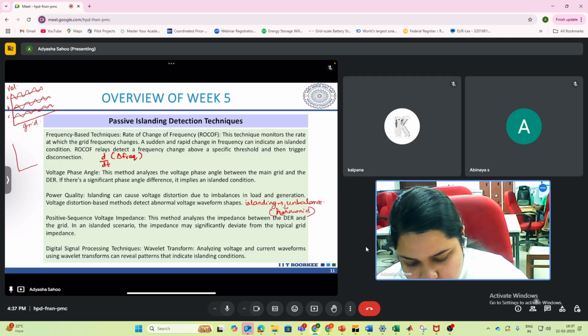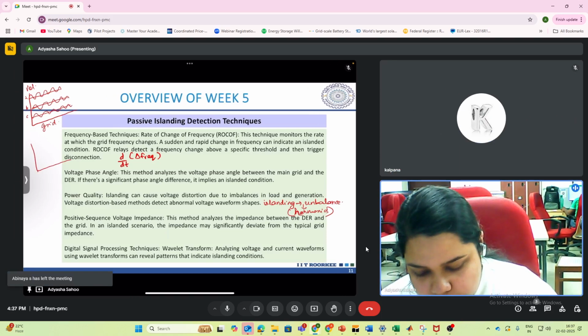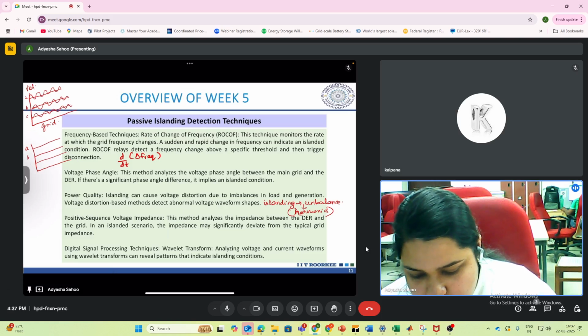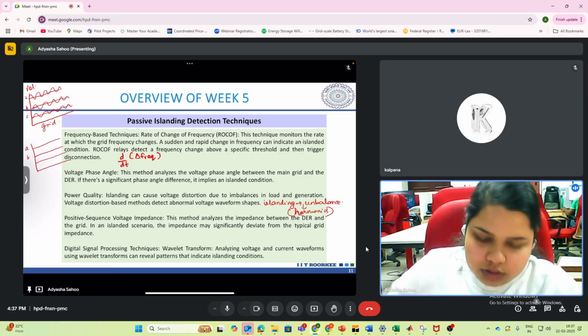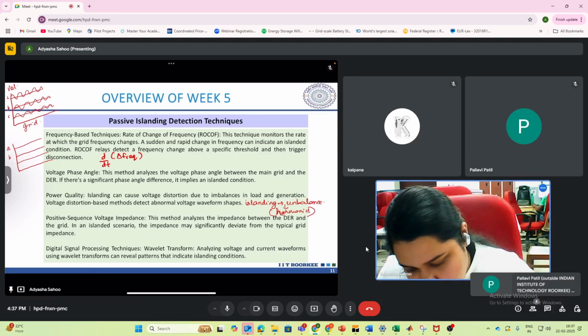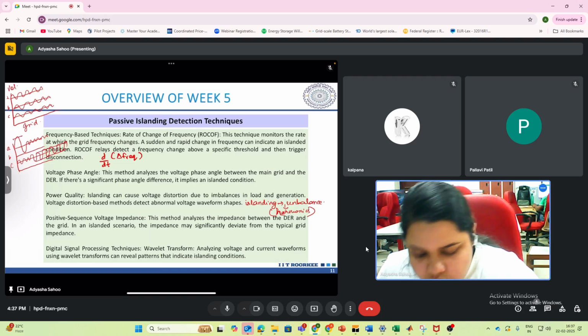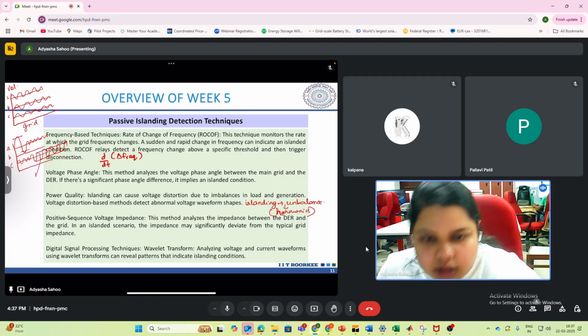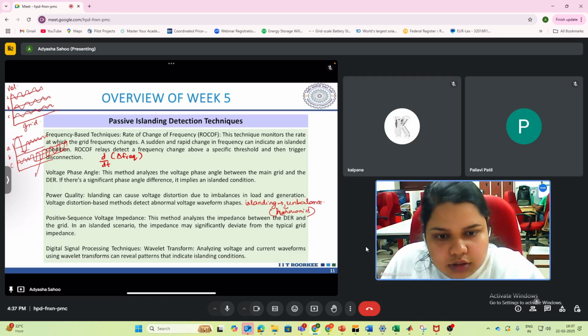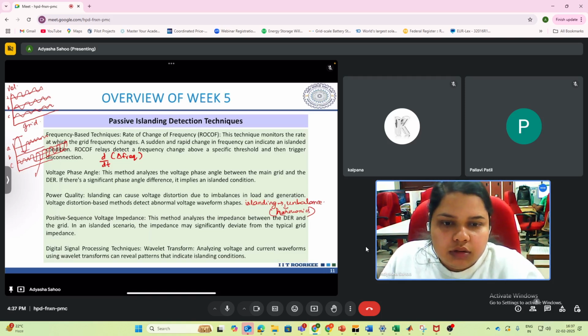And let's say when the islanding occurs, what will happen is there may be over voltages in one phase, like this, or there can also be sustained over voltages. So such kind of waveforms imply that there is a greater amount of harmonics present in the system, and it will imply that something is wrong.